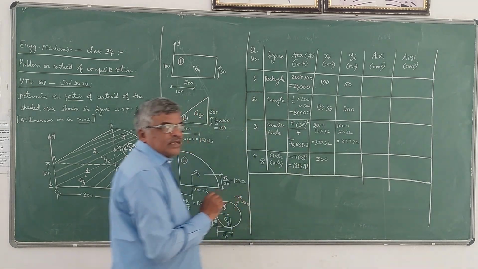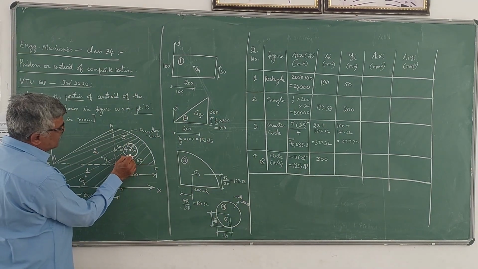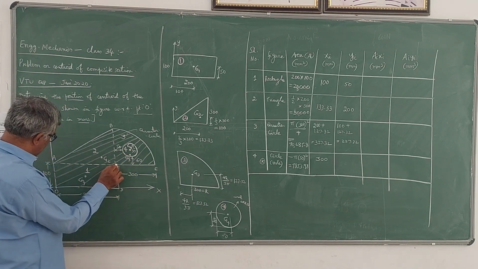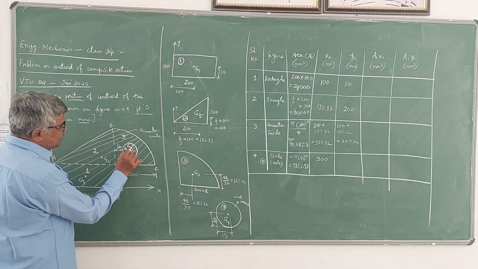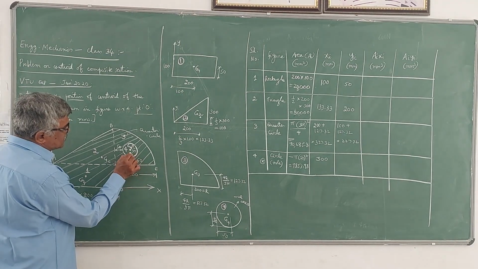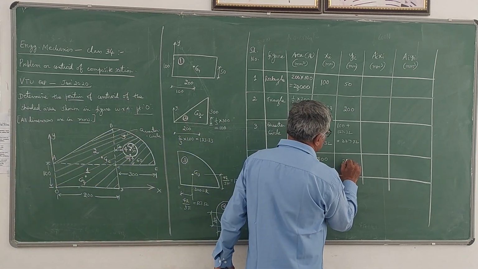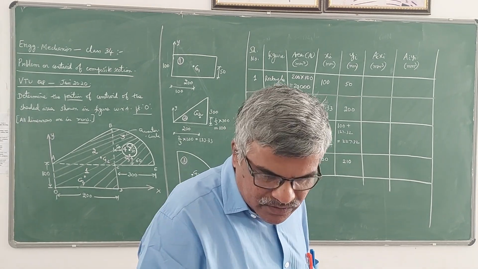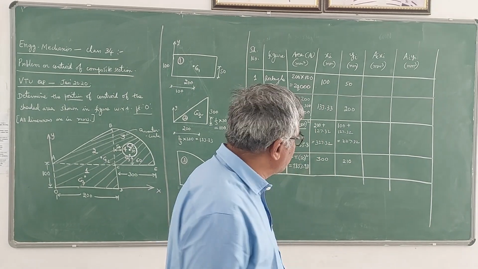Similarly, y distance from x axis, you have to measure the distance to this G4, which is 100 here, 100 plus 60 plus another 50. So 100 plus 60 plus 50 means it is 210.